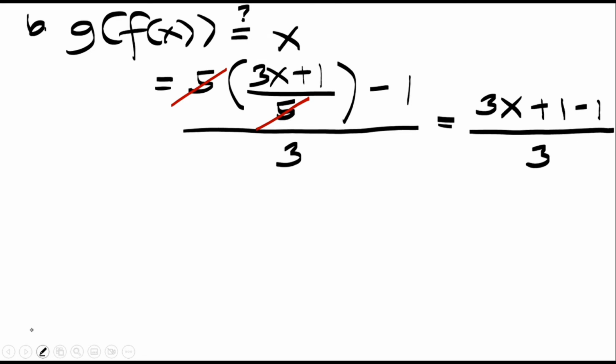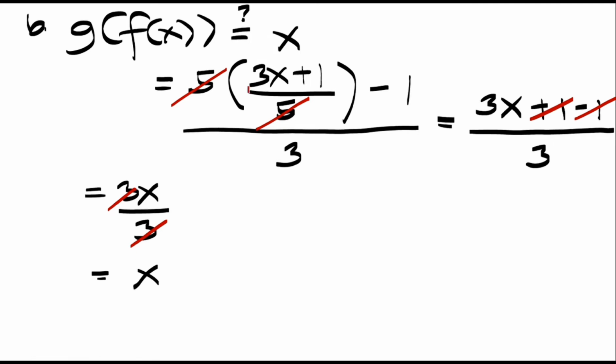And 1 minus 1 is equal to 0. So now we have 3x divided by 3, and 3x divided by 3 is simply x, by cancelling 3.